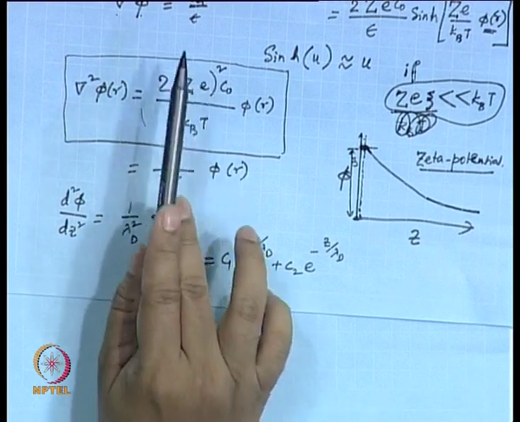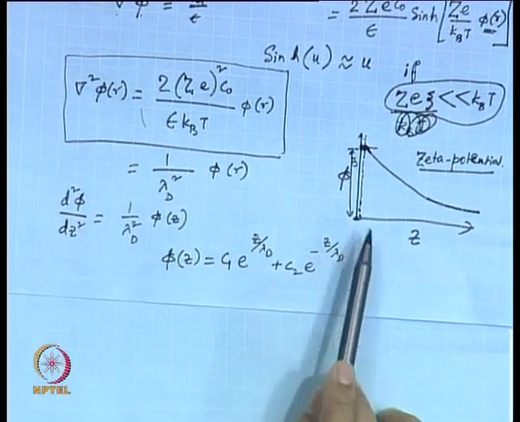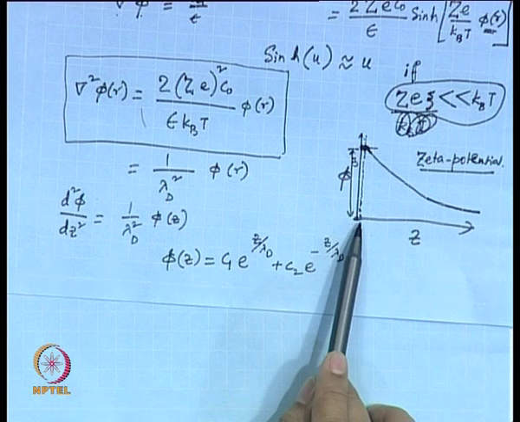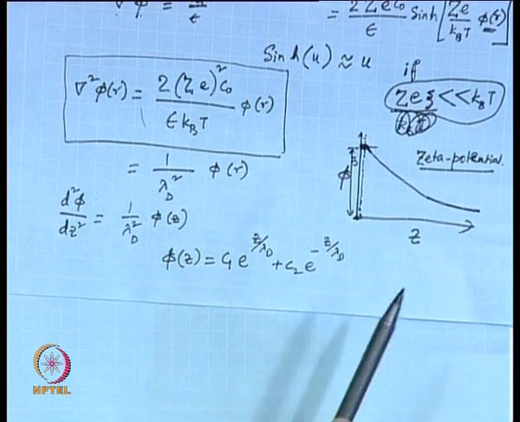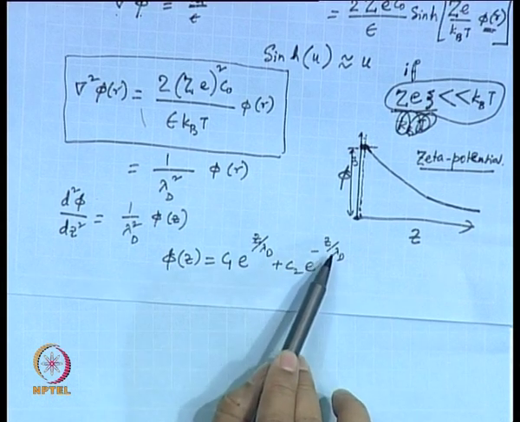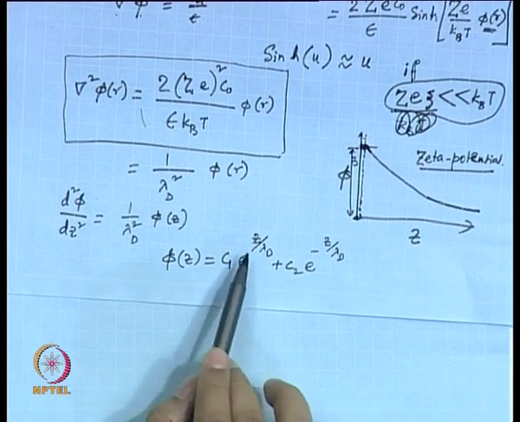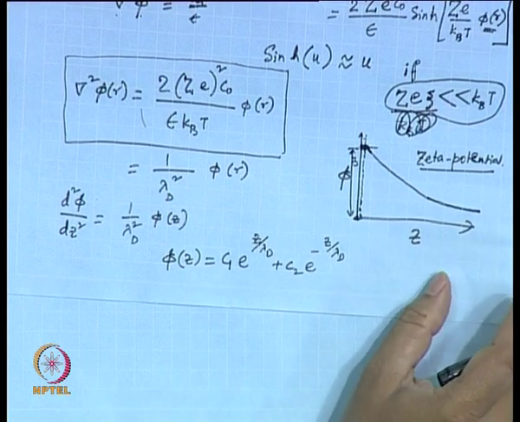That uppercase Z is the valency number, and the small z is now the distance away from the wall. Make note of it very carefully. This is the general solution for phi of z, and this small z is basically the distance from the wall.